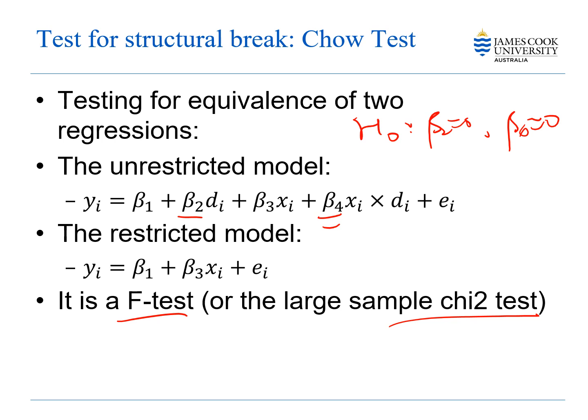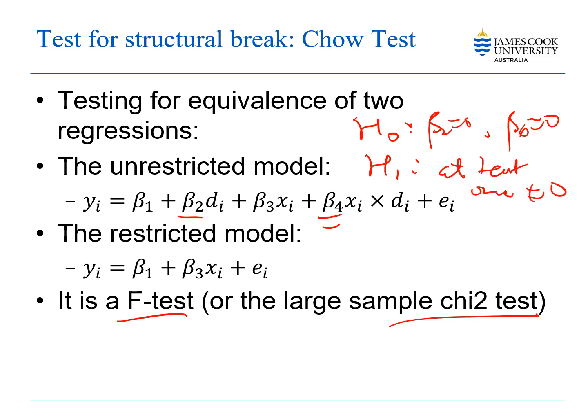If the regressions over DI equal to 1 and DI equal to 0 are not different, then beta 2 and beta 4 should be 0 simultaneously. If one of them is not equal to 0, then they are different.